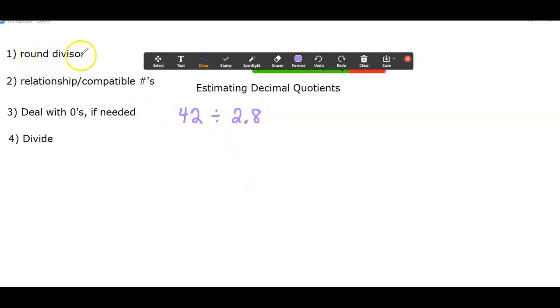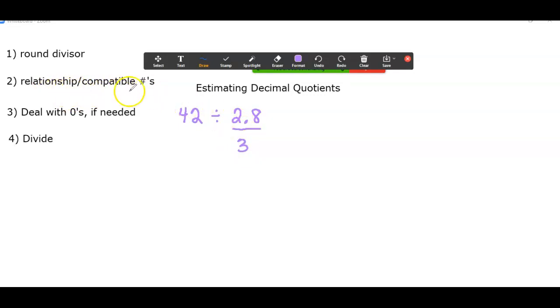So the first thing I want to do is round my divisor. So that's 2 and 8/10. Well, I definitely don't want to leave it as 2 and 8/10 because that's not very friendly. But I know that 2 and 8/10 is pretty close to 3. And so I know that I can round that to 3, and that would be okay.